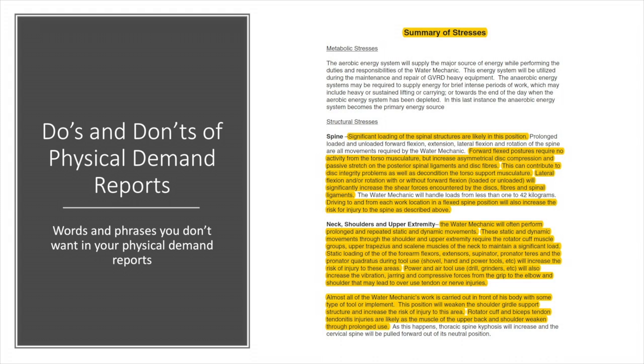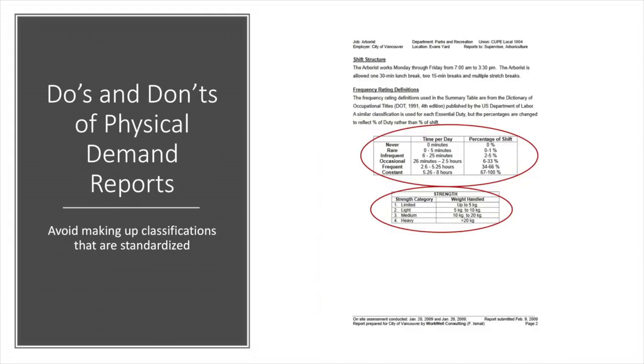Never, rare, infrequent, occasional, frequent, constant. First of all, DOT, not the Department of Transportation, the Dictionary of Occupational Titles. How many of you are familiar with the Dictionary of Occupational Titles? Yes, okay. They set the standard back in the 70s as far as the phrasing used to quantify jobs for the Social Security Administration.